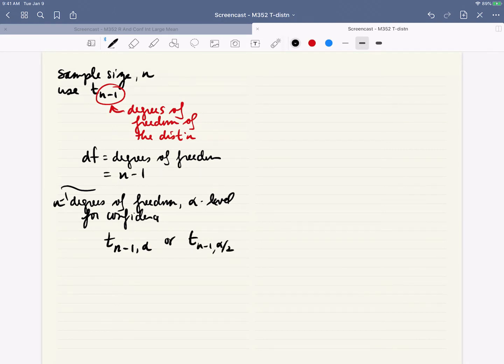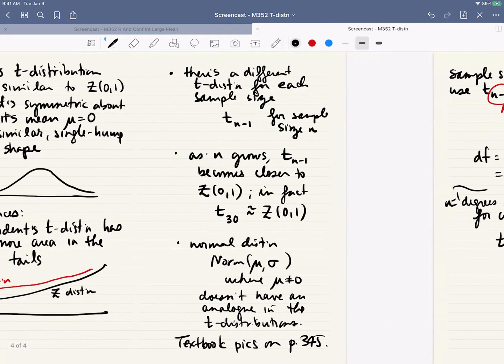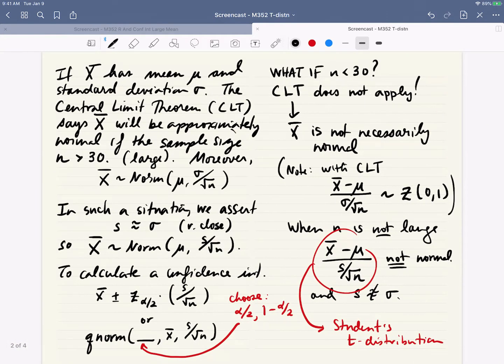These are our percentiles that we use when we calculate confidence intervals for sample means when we use small sample size. So we're replacing that z value with a t value, and then there's an additional subscript in there. I'll work an example so you see how this works.